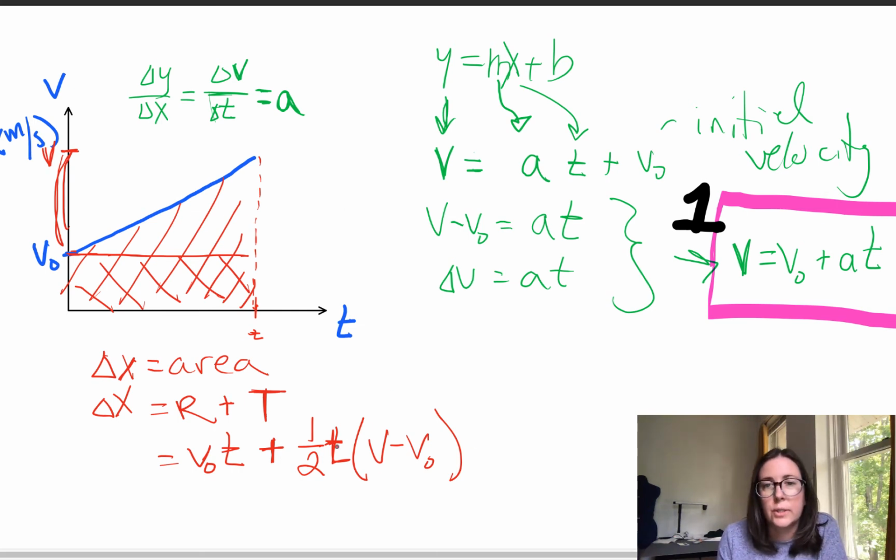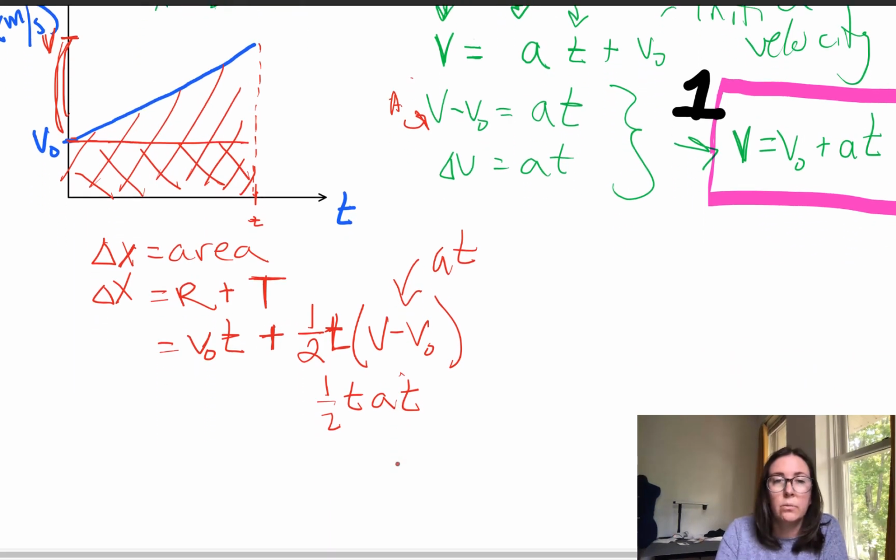Now, we're going to do something a little bit funky here based on this equation right here. I'm just going to call this equation A. V minus V naught is acceleration times the time. And so I can substitute at in right here. This term, 1/2 t, V minus V naught, becomes 1/2 time times acceleration times time.